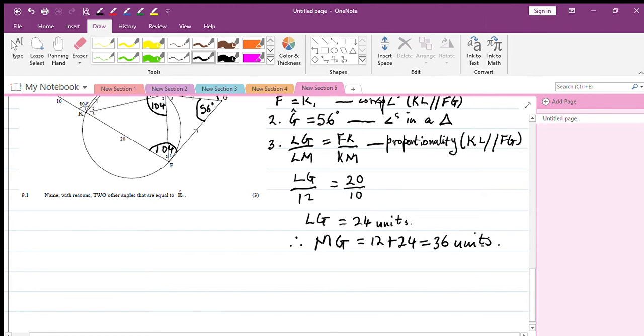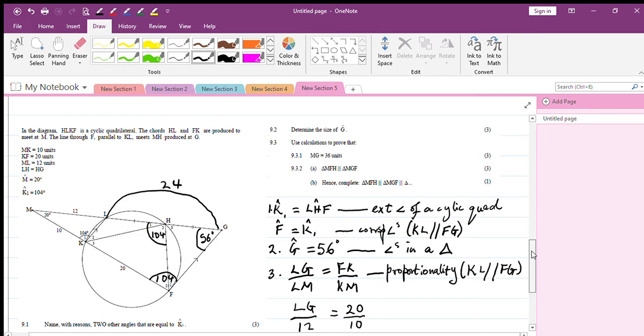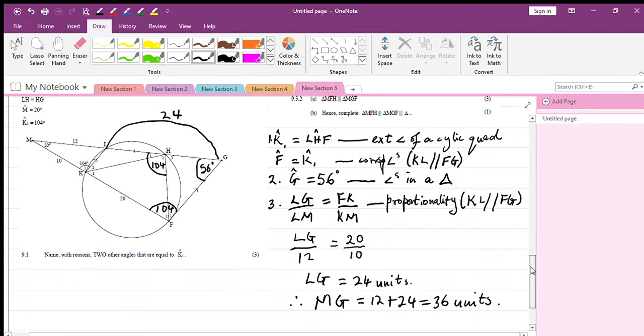Okay, now the next question: we need to show that triangle MFH and triangle MGF are similar. Which are those triangles? Triangle MFH, let's highlight them for you.